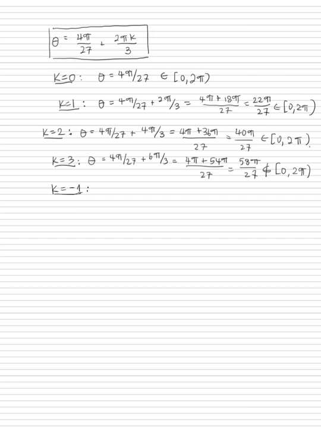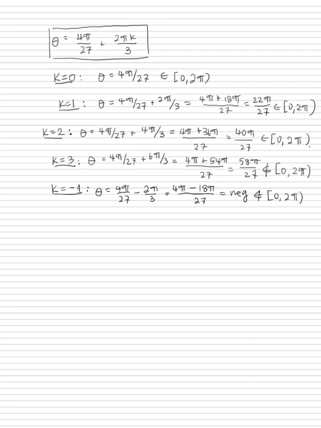Okay, when k equals negative 1, we're going to have theta equals 4 pi over 27 minus 2 pi over 3, which is 4 pi minus 18 pi over 27. Oh, I could already see this is not going to be inside of it. If you subtract 4 pi minus 18 pi, you're going to get a negative angle. So negative is definitely not inside of 0 to 2 pi.